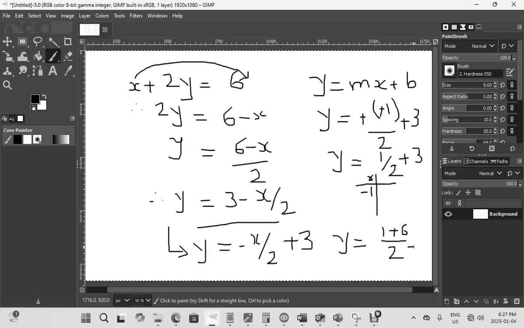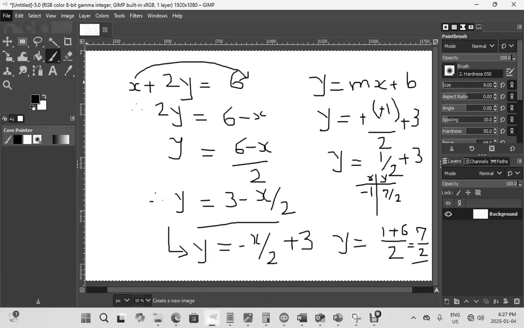So this will be 7 over 2. For x equals -1, your y will be 7 over 2. This is how this works.